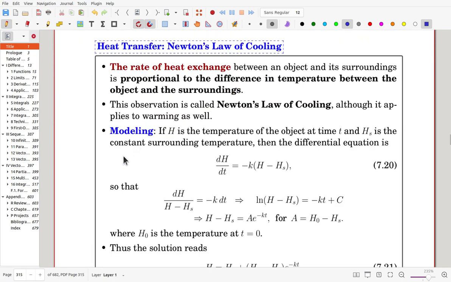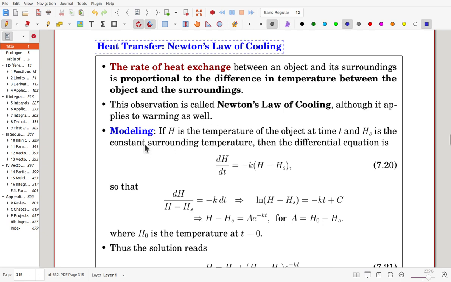Okay, now that is the third and last example, heat transfer, Newton's law of cooling. The rate of heat exchange between an object and its surroundings is proportional to the difference in temperature between the object and the surroundings. That is Newton's law of cooling.